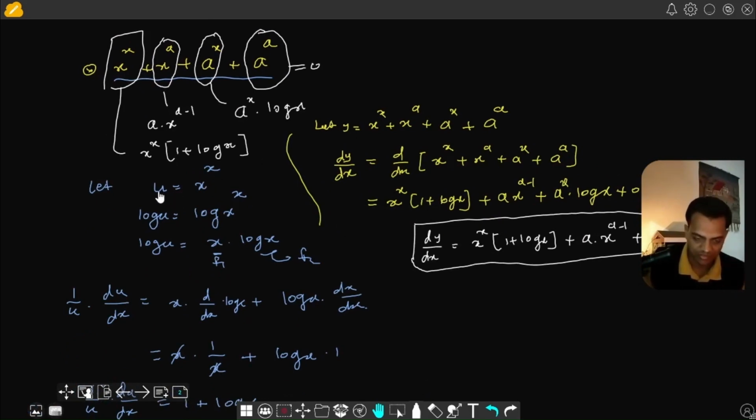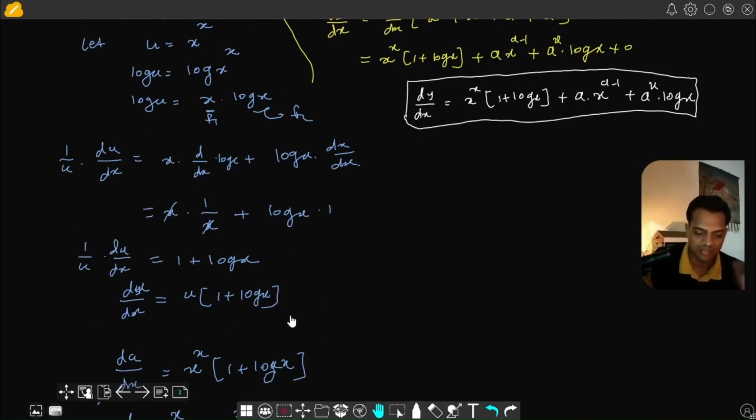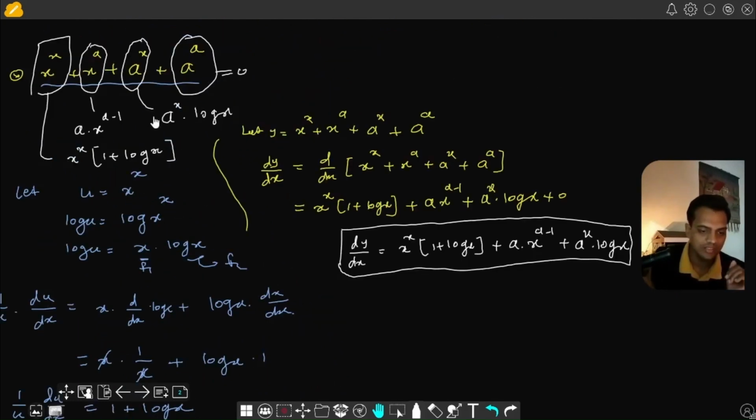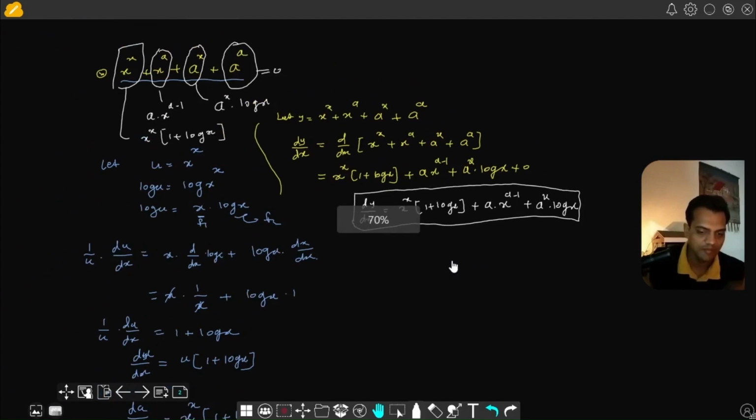Let us suppose one of the variables, say u, is equal to x raised to x, then apply the log, then apply the derivative and find the final derivative of that term. So this derivative of x raised to x we have calculated separately, and then we have assumed this expression to be equal to y, and the derivative of y is equal to the sum of the individual term derivatives. Like this we have to solve such types of problems.